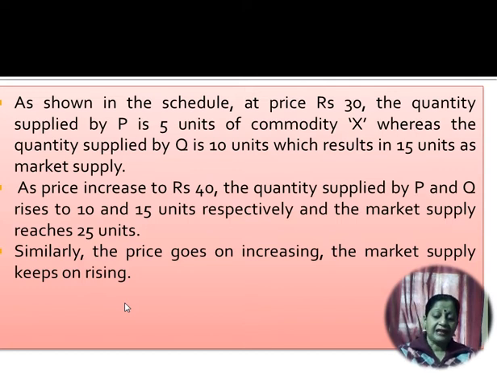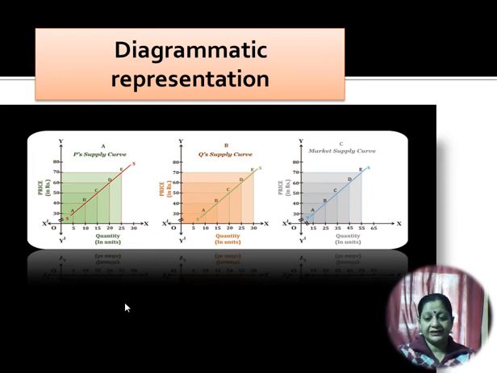So that means as the price goes on increasing, similarly the supply also goes on increasing. So this is the diagrammatic representation of the market supply curve, where we have represented the three curves A, B and C. When we draw all these curves in a single graph, it is known as a market supply curve, and when we have an individual one, that is known as an individual supply curve.